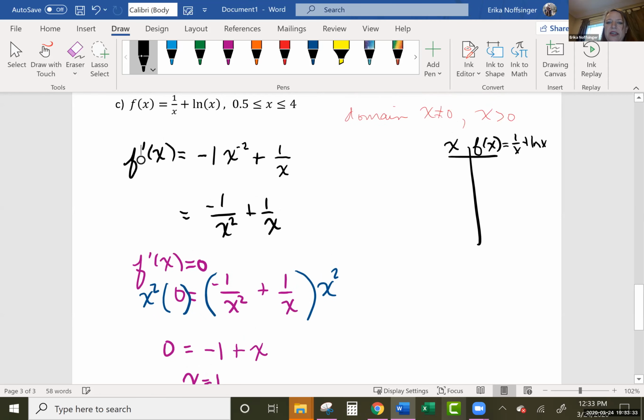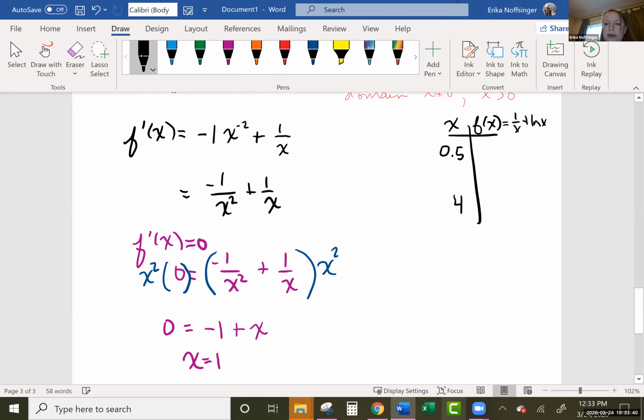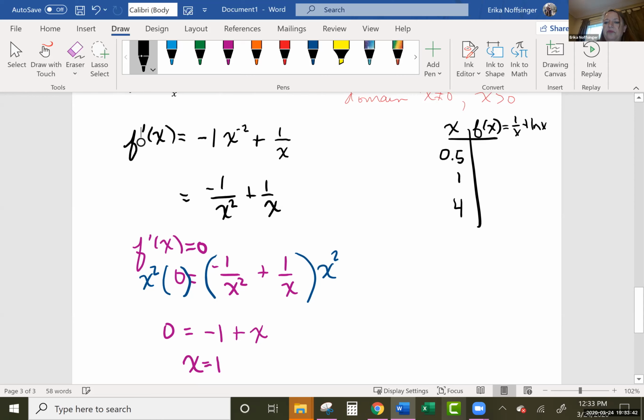We're going to plug in 0.5, 4, and 1. If I do 1 divided by 0.5, which is 2, plus natural log of 0.5, this gives approximately 1.31.